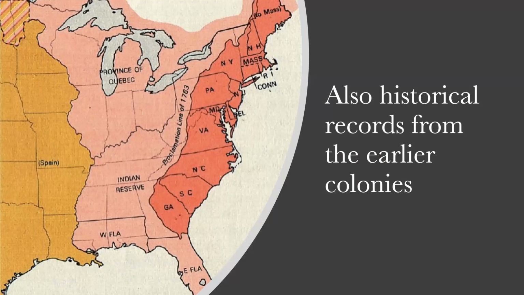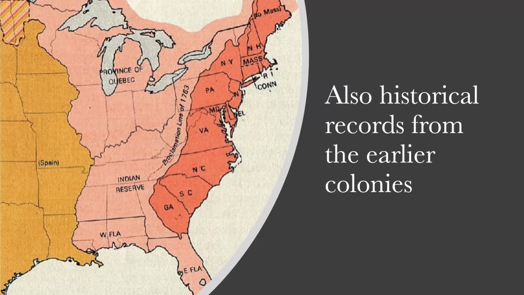And also historical records from earlier colonies. You recall, of course, that the United States, before it became an independent country, was a British colony, and the land was acquired from England during the Revolutionary War, obviously, and we end up with states. The earlier records before 1776, when the war started, are sort of a cutoff date.